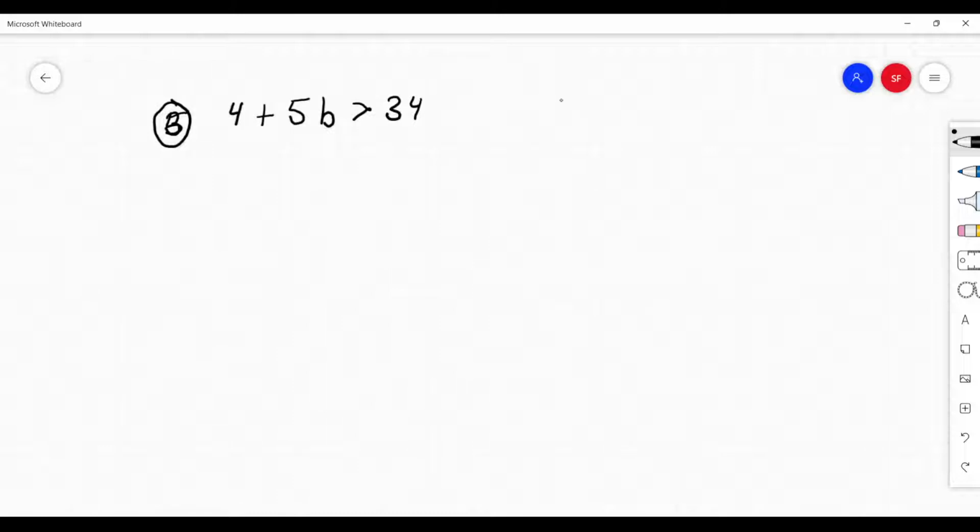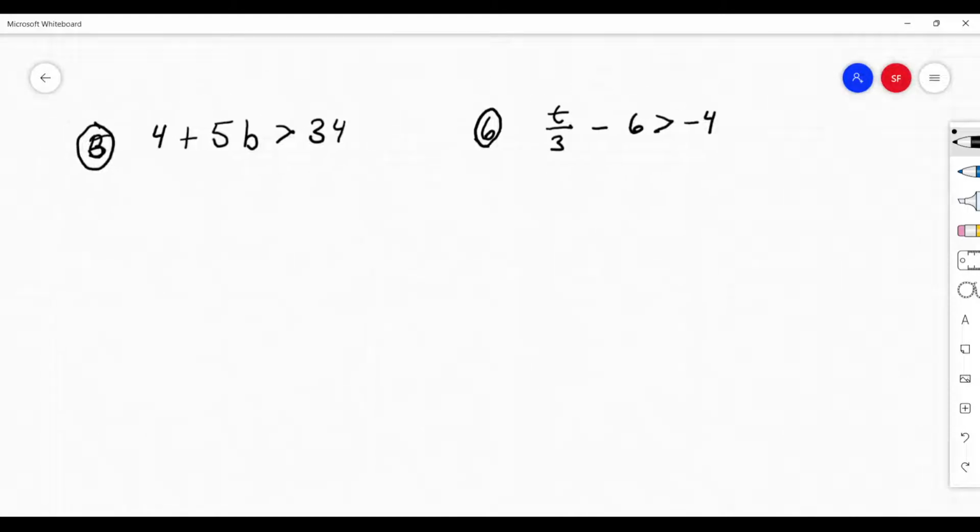And then number 6 is going to be t over 3 minus 6 is greater than negative 4. Ready, go.